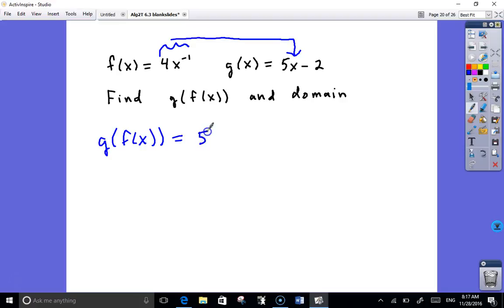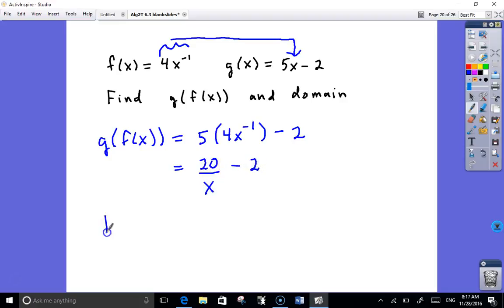equals 5 times 4x to the negative 1 minus 2. Okay, simplify. All right, this is going to equal 20 over x minus 2.